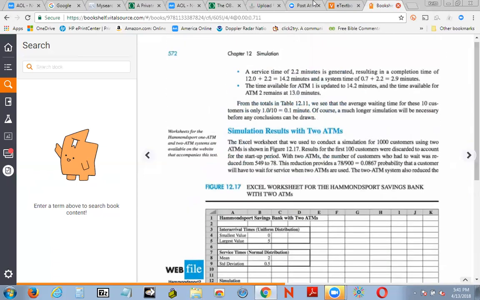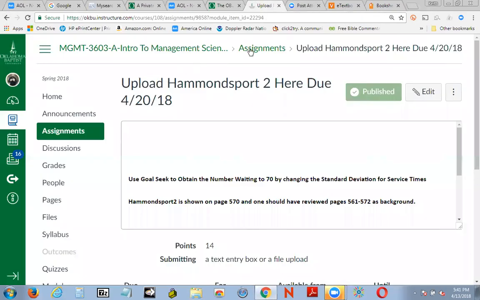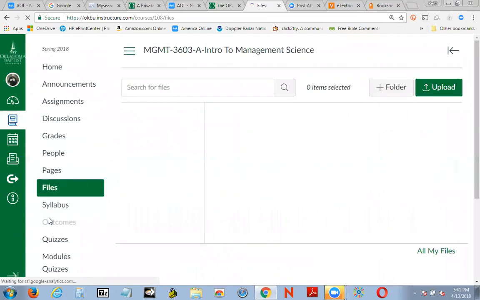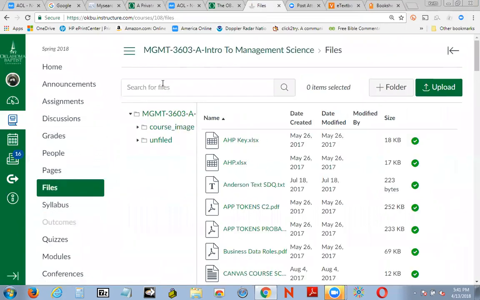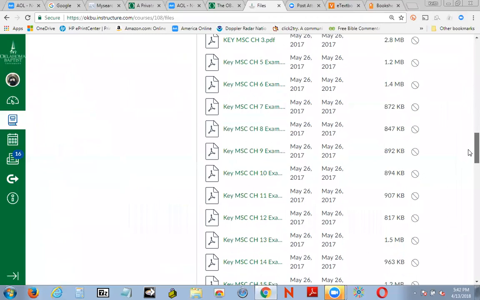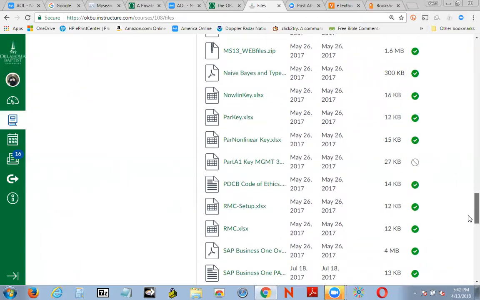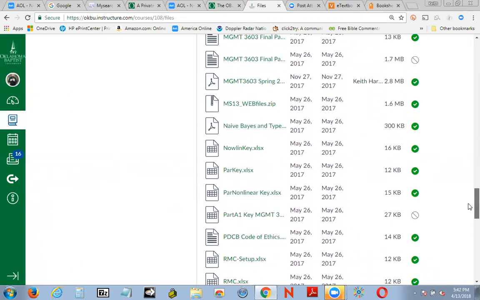And I'm going to go over here into the files, and I'm going to go back into the file, and I want to pull out, so let's go to the files section, and we're going to Hammond's Port. Well, what we need to do is just go down here and get the MIS web files.